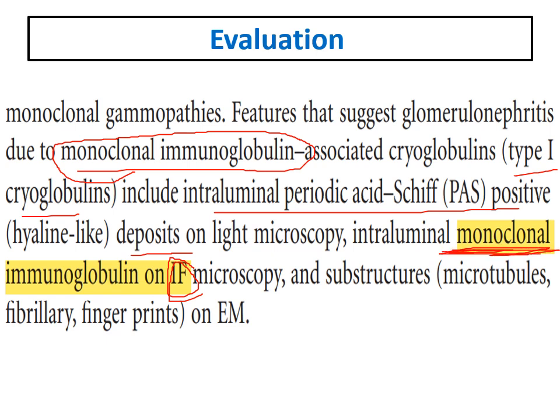This is very characteristic. Also in electron microscopy, we might find microtubules, fibrillary, and fingerprint patterns. But the most important differentiating point is in immune fluorescence, where we find that the immunoglobulin is monoclonal, not polyclonal.